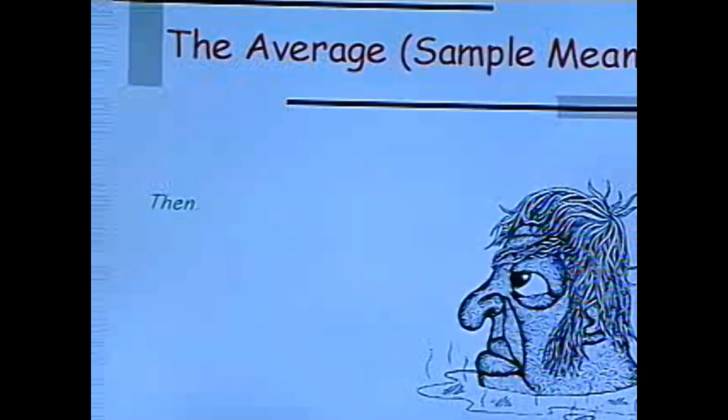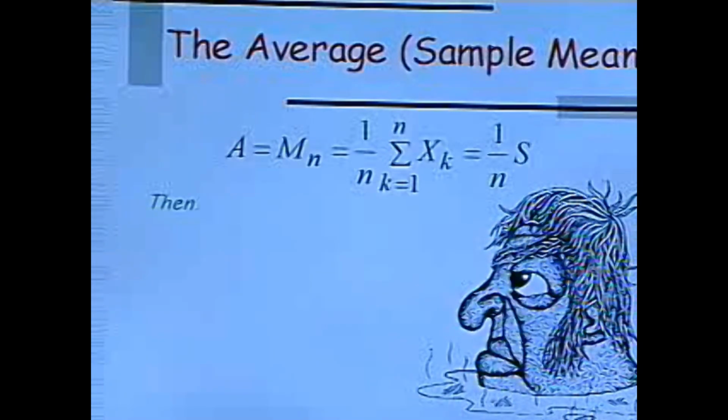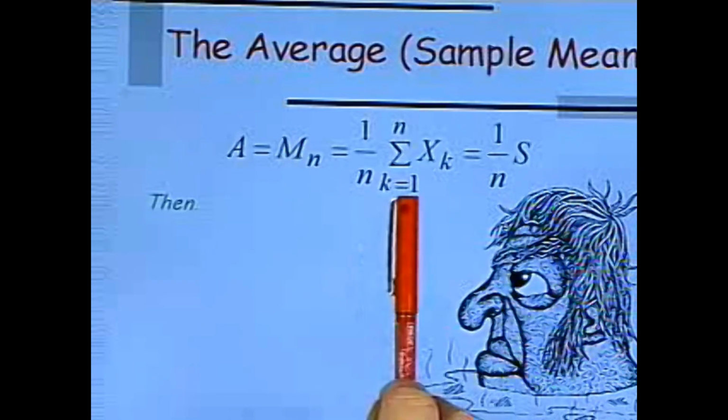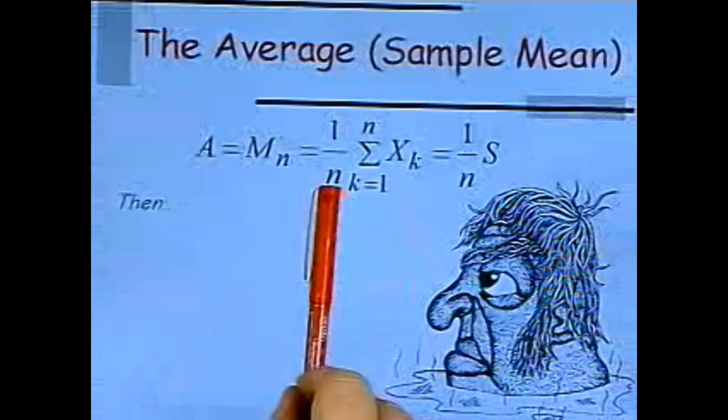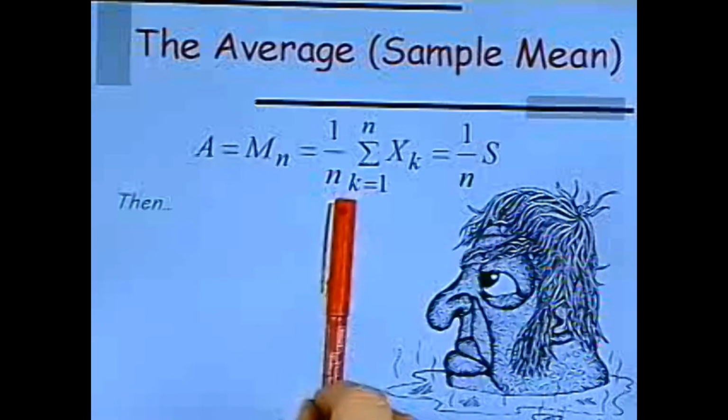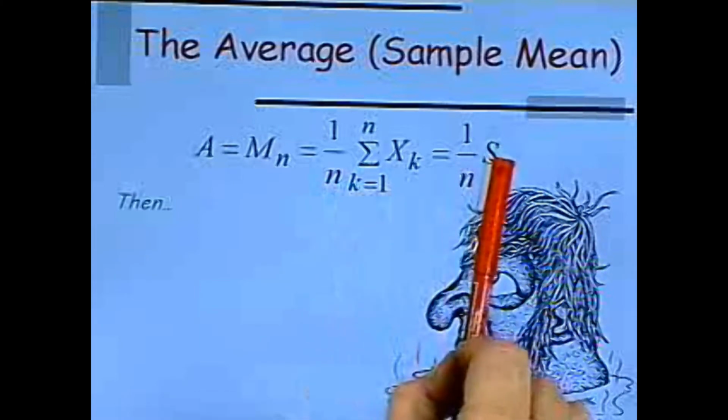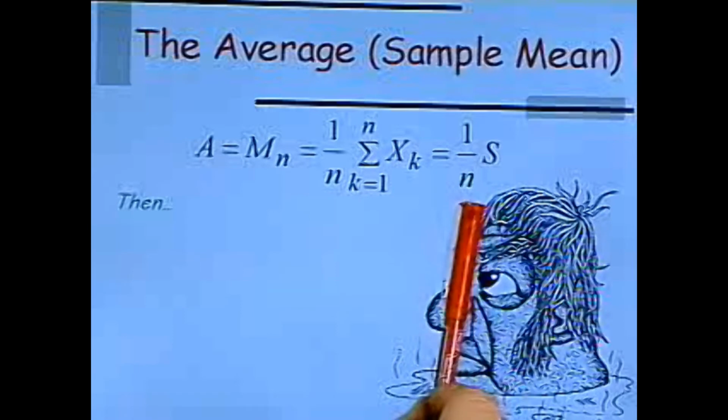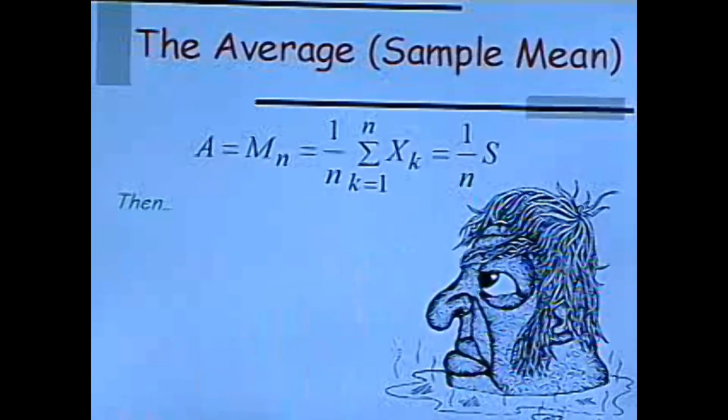Okay, let's look at the average, the sample mean. Many times you have a number of random variables and you attempt to characterize a vector of random variables by a single number corresponding to their average. The average is obtained by taking the summation of the random variables and dividing by n. The average is equal to the sum divided by n.